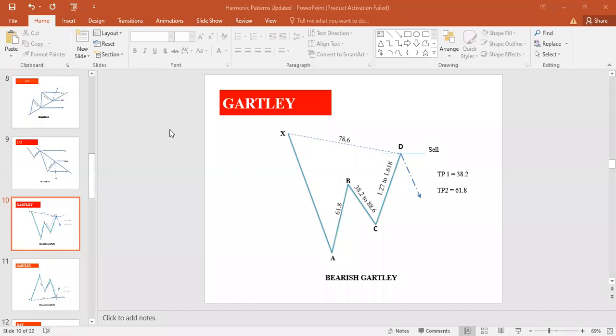And how people draw these things is amazing. I'm going to show you tonight how to accurately get your X leg. I'll show you tonight. I'm not sure if time will permit us to show you how to accurately get your D leg, to confirm your D leg.